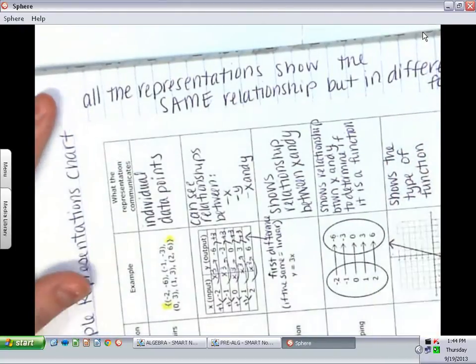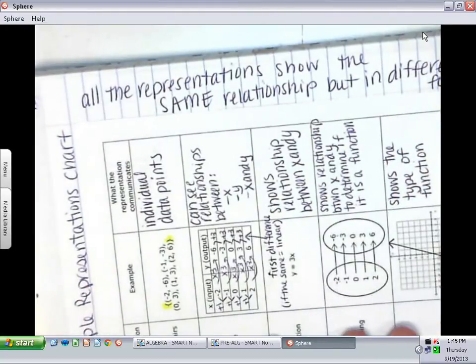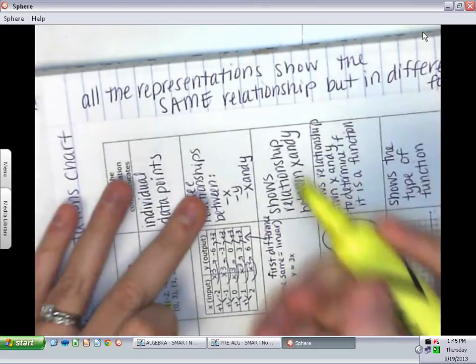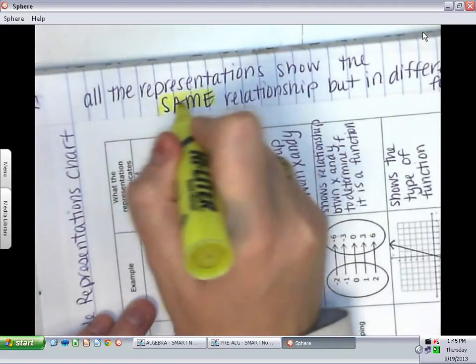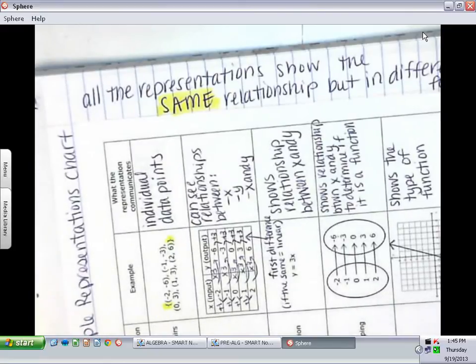All the different relationships we have here, all 5 of these, show the same exact relationship. They're just shown in different forms, but they all mean the same exact thing.